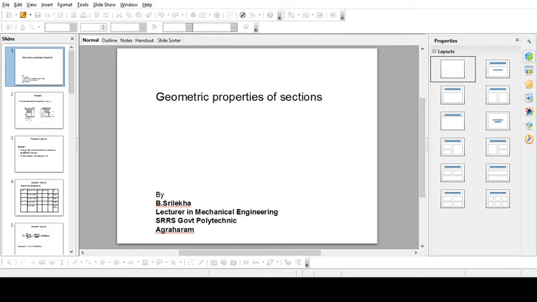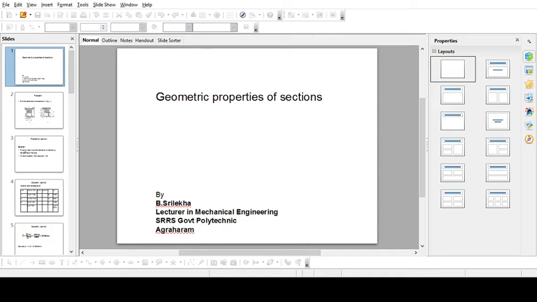Next, the third section is a rectangle. It is 120 into 100. Area is L into B, so the area would be 12,000. Next, the x term: actually you have to take half of that, but from the base we are taking, so it is 140.